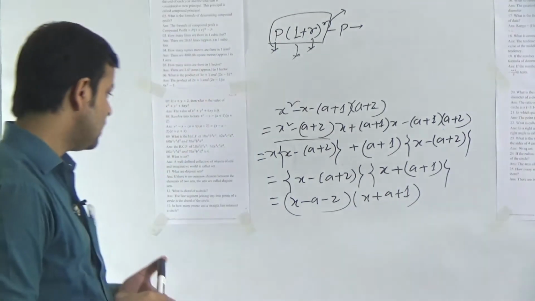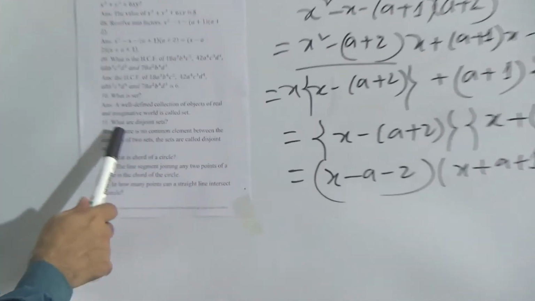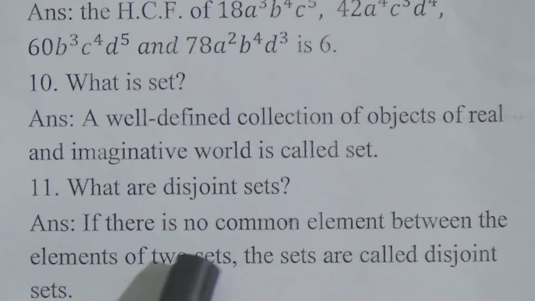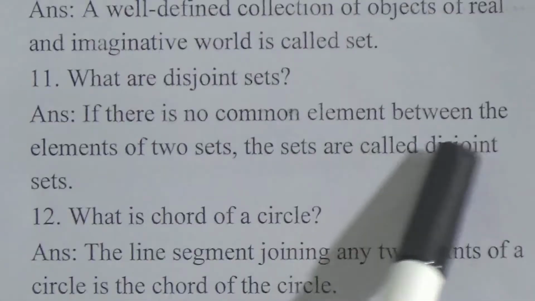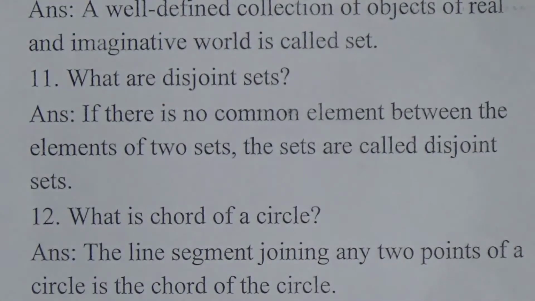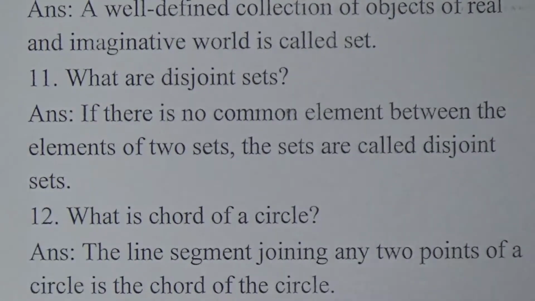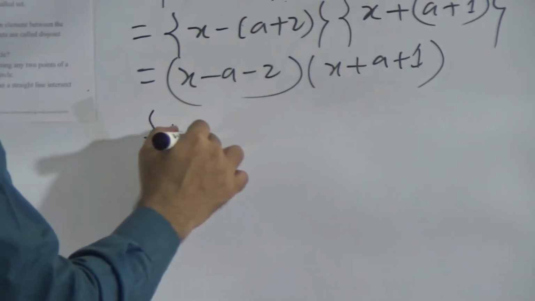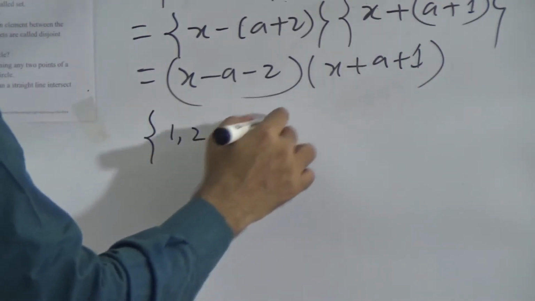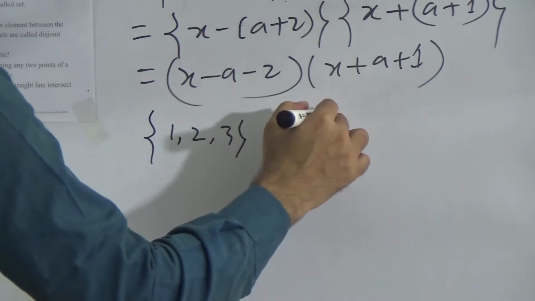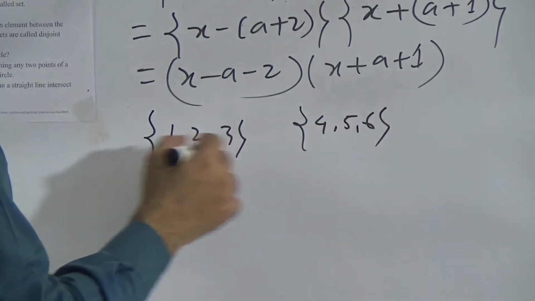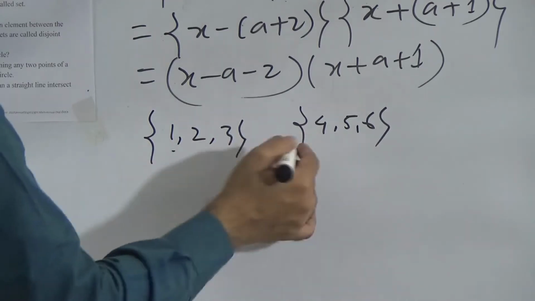Okay, dear students, now see, what are disjoint sets? If there is no common element between the elements of two sets, the sets are called disjoint sets. Suppose I am writing, dear students, you know sets are denoted by curly brackets, {1, 2, 3}, and if I take another set {4, 5, 6}, these are known as elements of the set, but there is no common element.